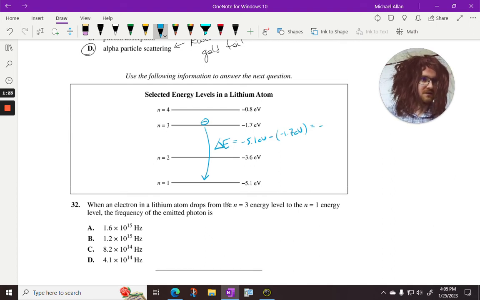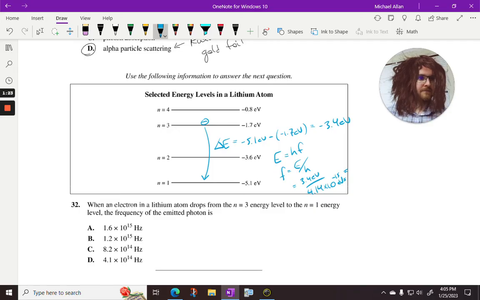So the electron lost 3.4 electron volts. Now to figure out the frequency, use Planck's formula here, and we just had to use the proper H here. So we're going to use the 4.14 number, to get the proper electron volts here.